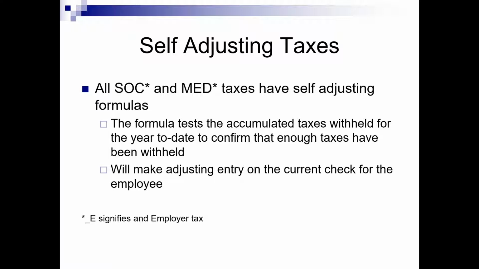That's because they may have done maybe a manual check and they didn't calculate correctly, or they didn't include a tax. Something happened where the amount that should have been calculated was not correctly entered on that manual check. So the next time they process, it's going to adjust itself.